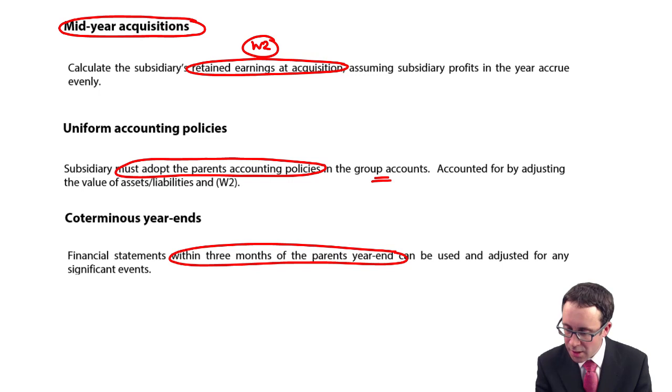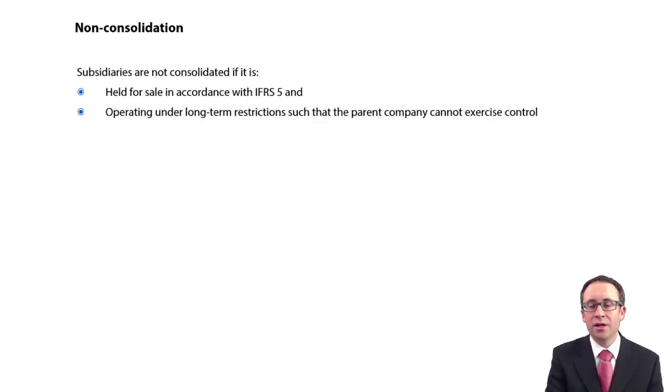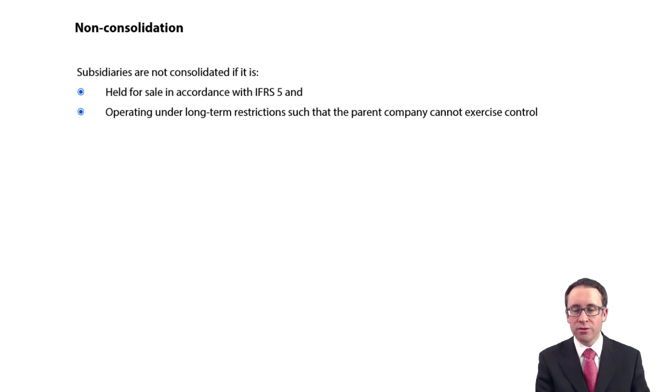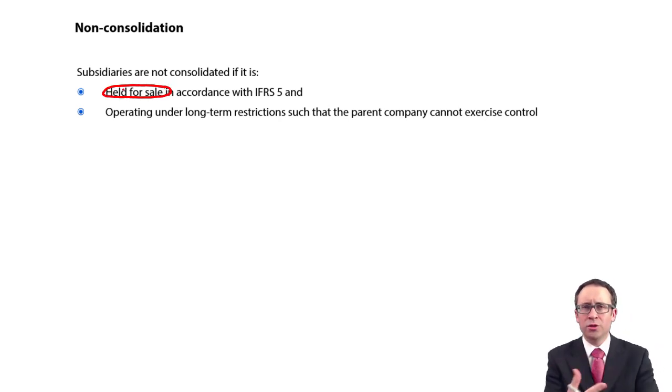And then finally, non-consolidation. So you have a subsidiary, it's consolidated whereby you have control. Well, it's not consolidated if the subsidiary is held for sale. It will just be shown as a discontinued operation and a non-current asset held for sale.